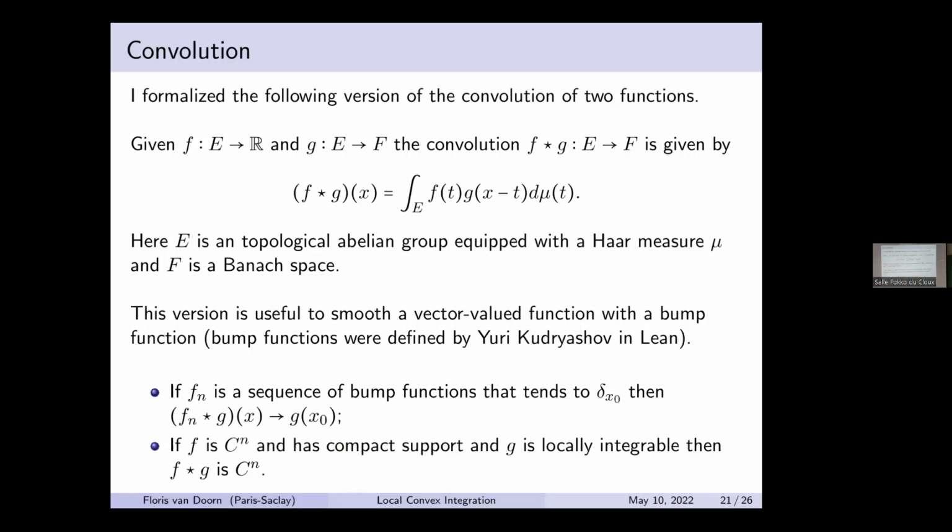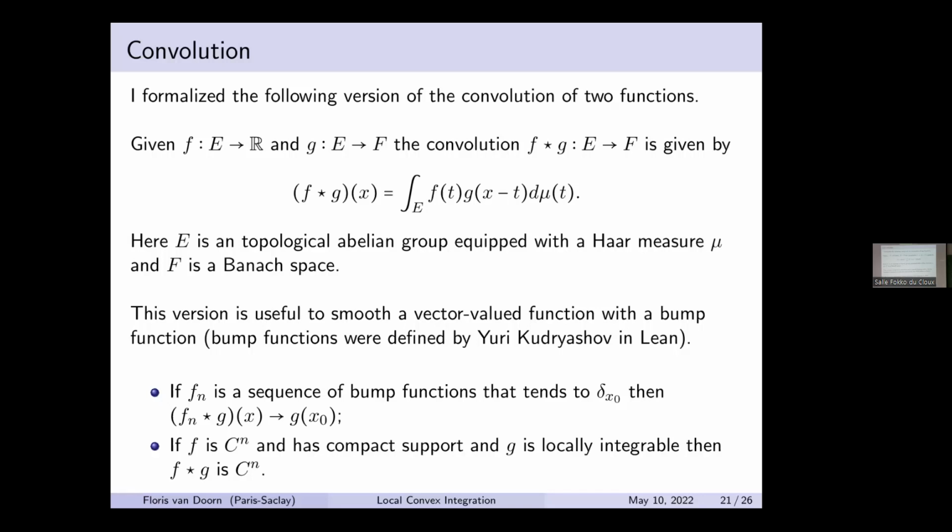This has some nice properties. For example, if we have a sequence of bump functions f that tends to the Dirac delta function, by which I just mean these functions have integral 1 and their support shrinks down to a small set around x naught, then the convolution tends to a constant function, g of x naught. I also want the convolution to be smooth.